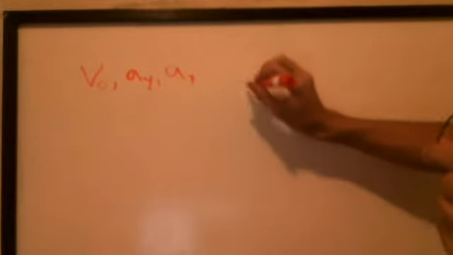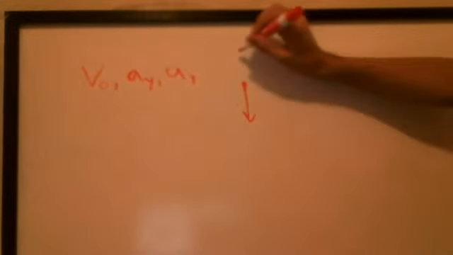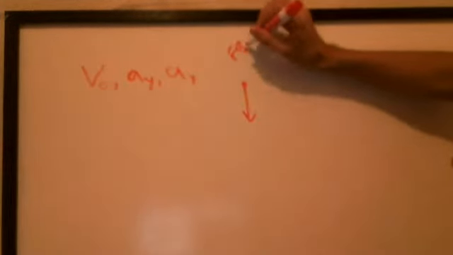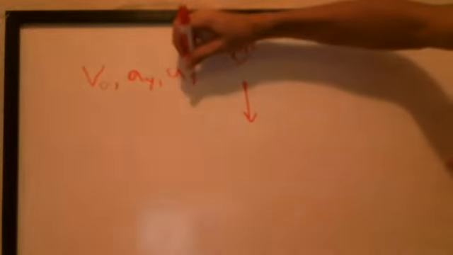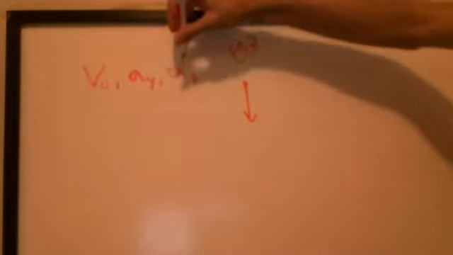And you know what the acceleration in the x direction is, because in the FBD, the only force you had was pointing downward, which means the only force is in the y direction. So you know that there is a y acceleration, which is the force of gravity, and x, which is 0.